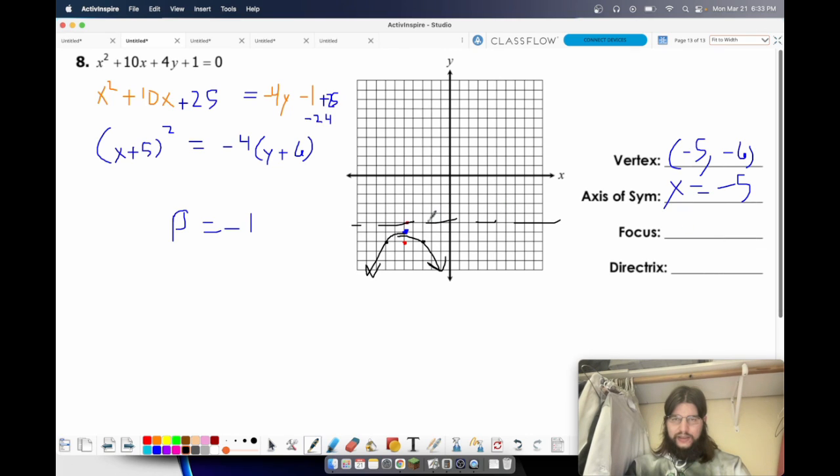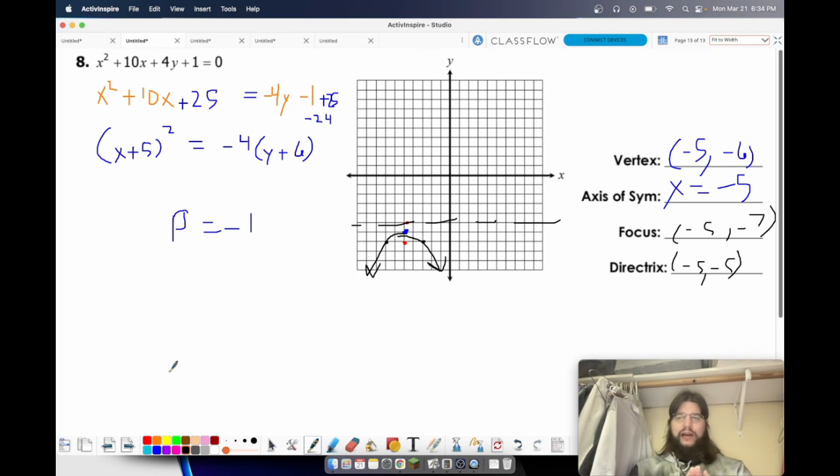Focus was at -5, -7. And the directrix, -5, -5. And that's it.